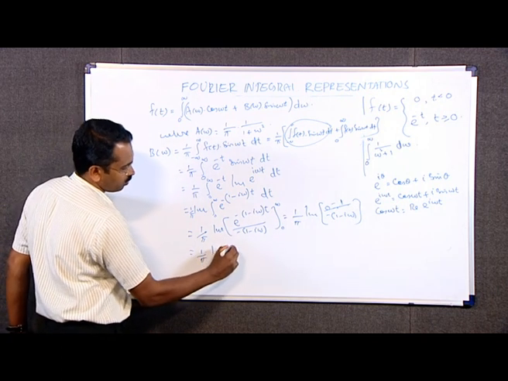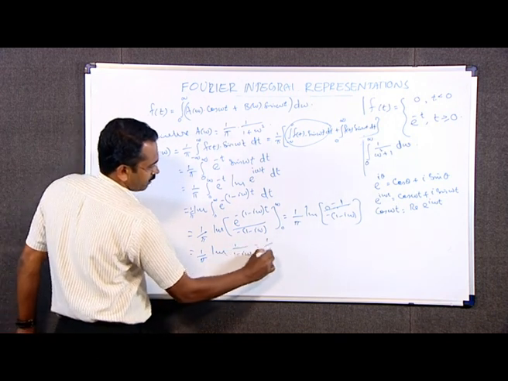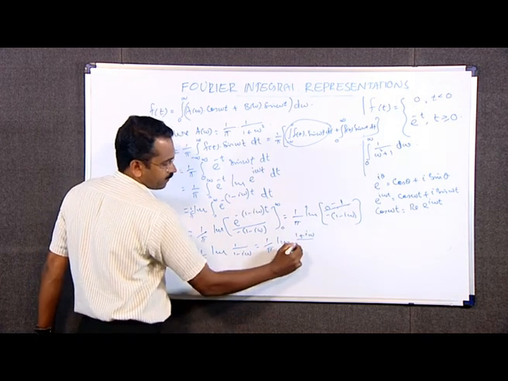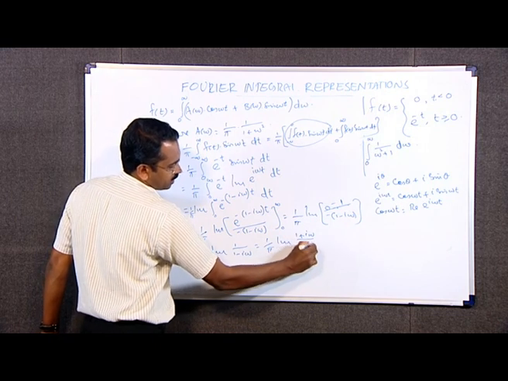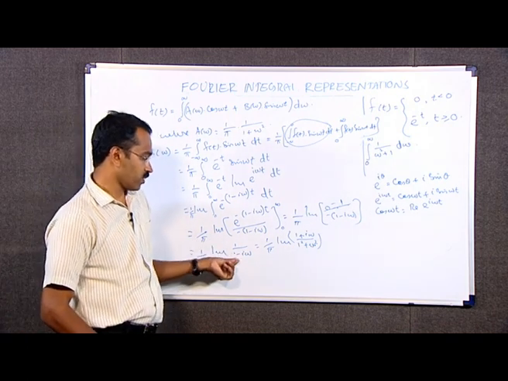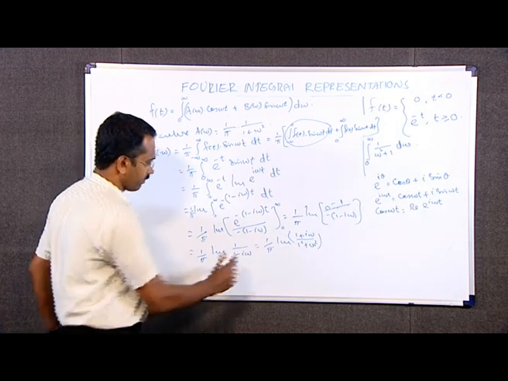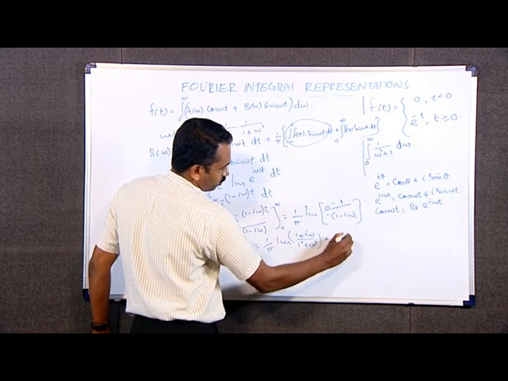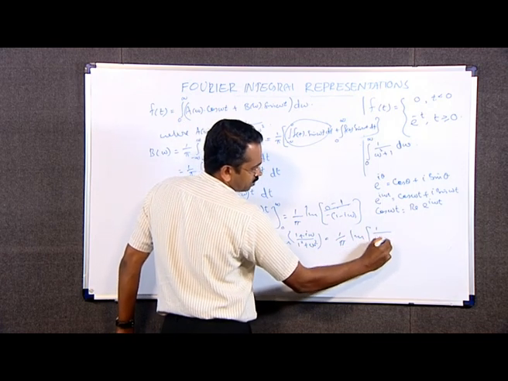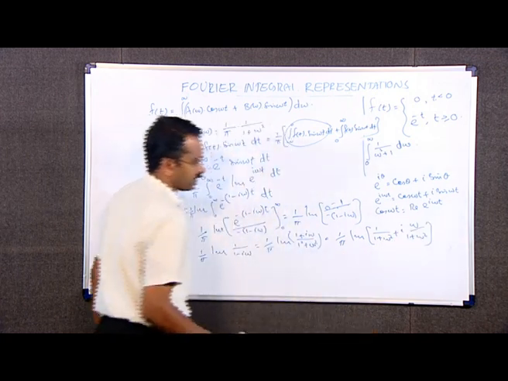That is 1 by pi into imaginary part of 1 by 1 minus i omega, that is 1 by pi into imaginary part of 1 plus i omega divided by 1 square plus omega square. As in the previous case, we have to multiply the conjugate of 1 minus i omega in the numerator and denominator. We will get 1 by pi into imaginary part of 1 by 1 plus omega square plus i into omega divided by 1 plus omega square.